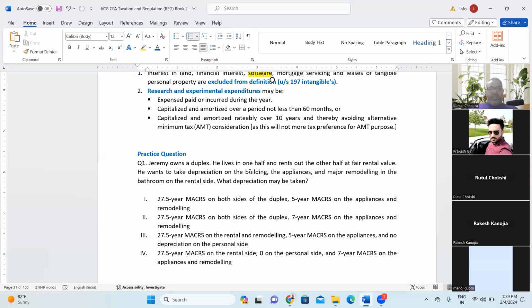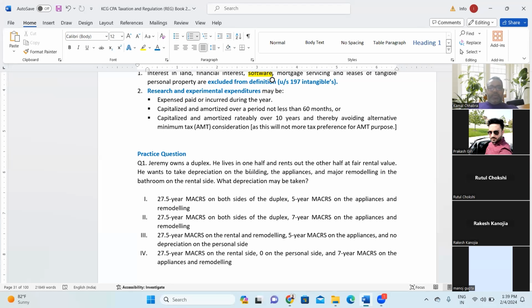So the first option says 27.5-year MACRS on both sides. So he will not get it on both sides. So the first option is incorrect, right? He'll get the MACRS depreciation only for the side which he has given on rent, because the other side is his personal use asset. On a personal use asset, there is no depreciation, right?